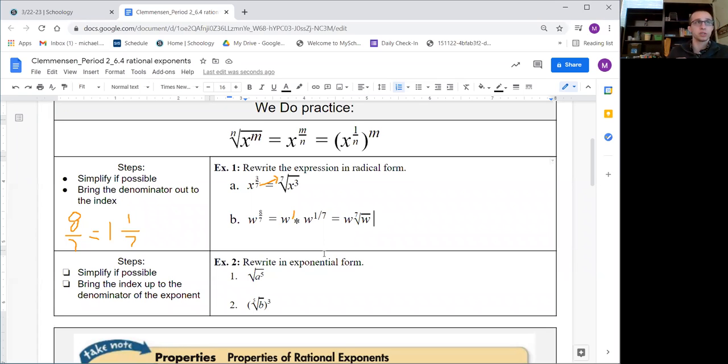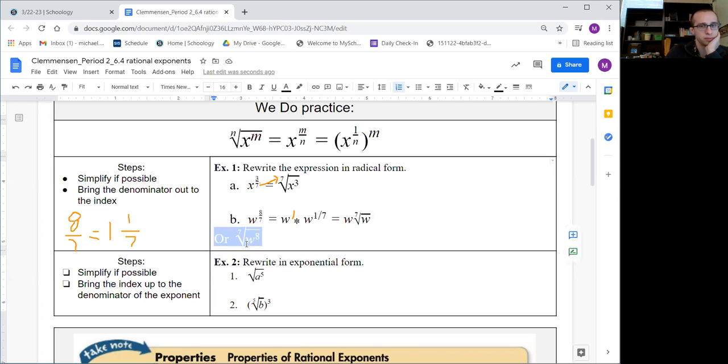Change up how I ask. What questions do you have? All right, we'll move on to the second way then.